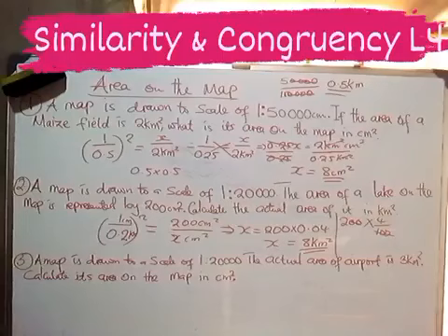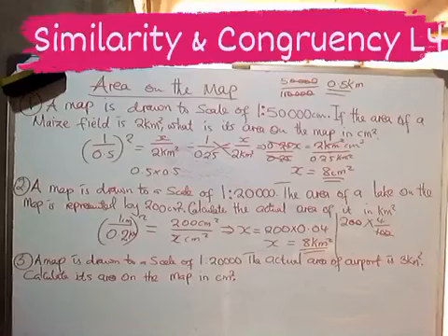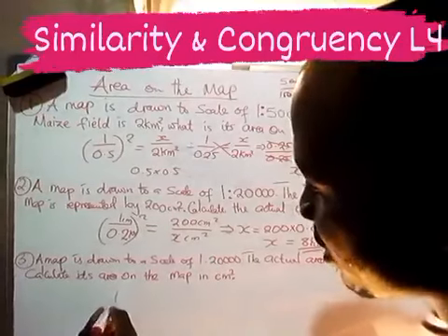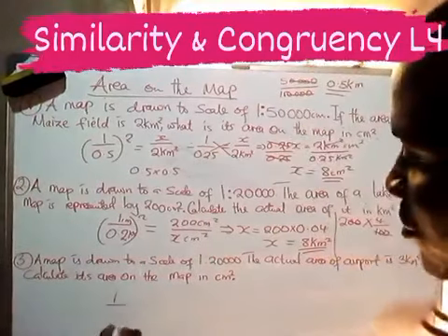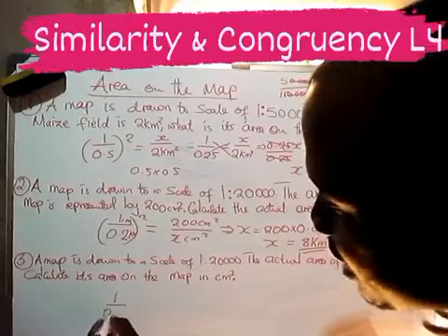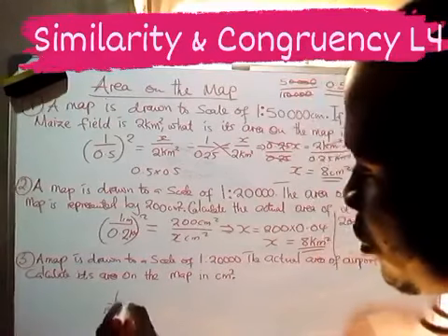We'll still write this one as 1 over 0.5, which in kilometers we found was 0.2.